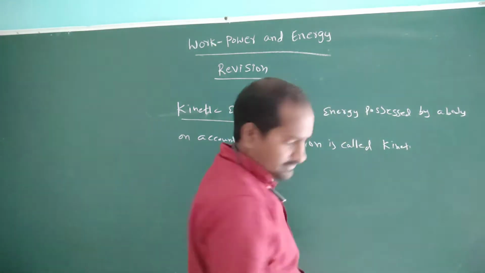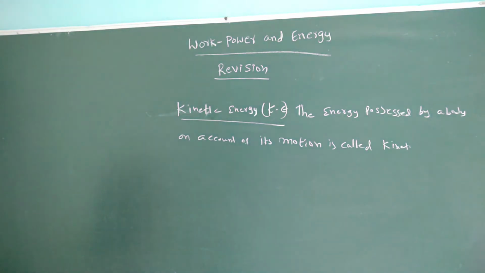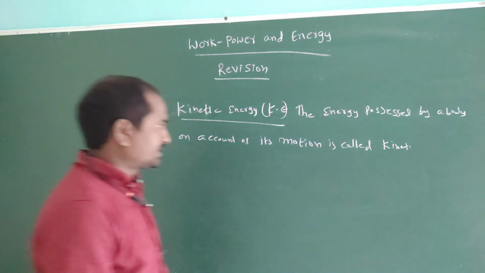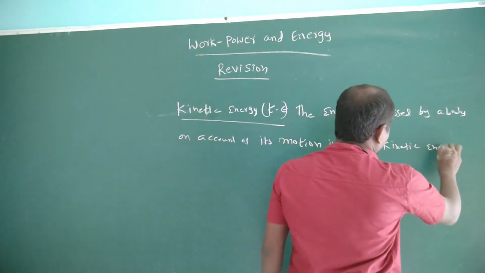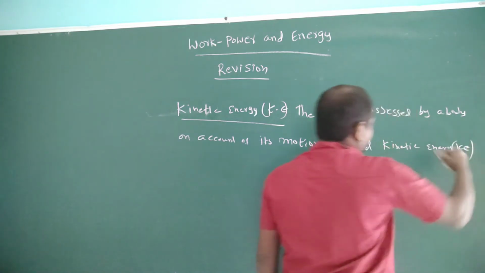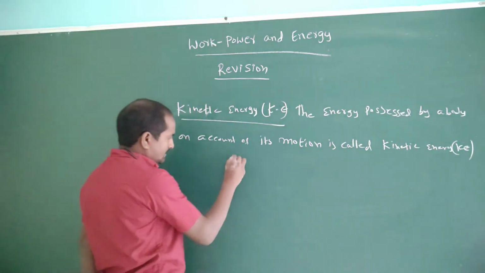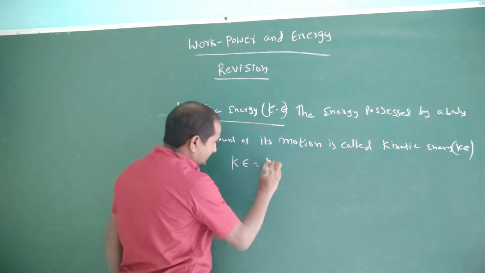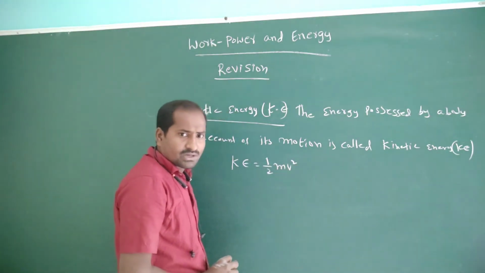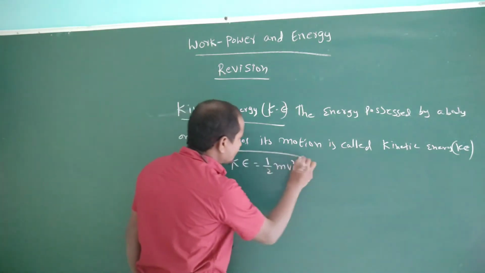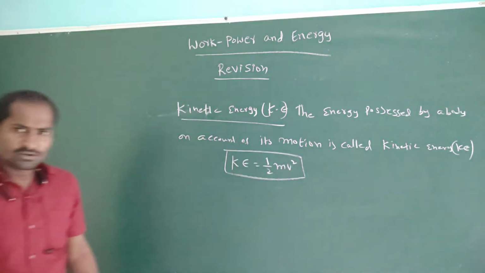K equals half into m into v square. It is the equation for the kinetic energy.